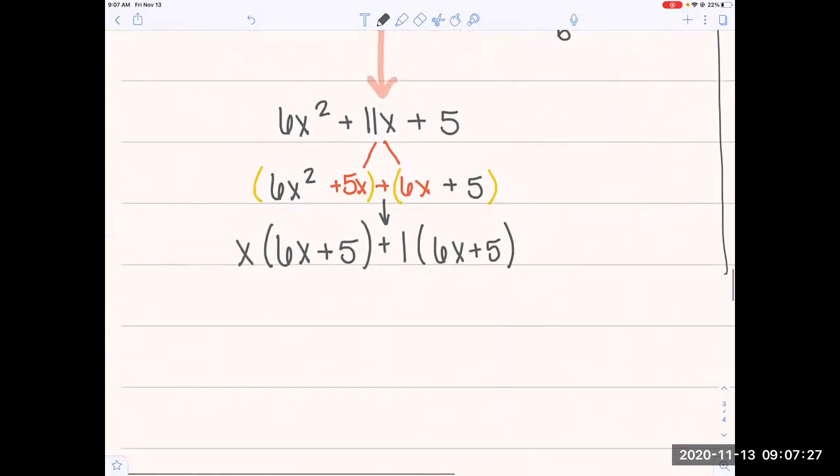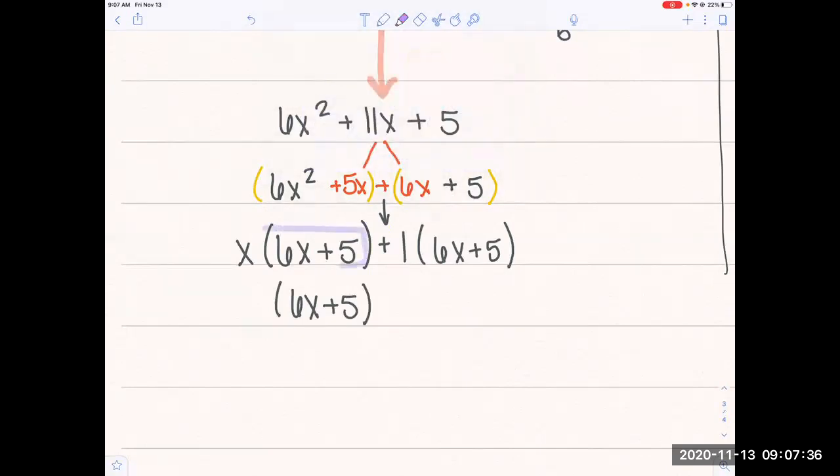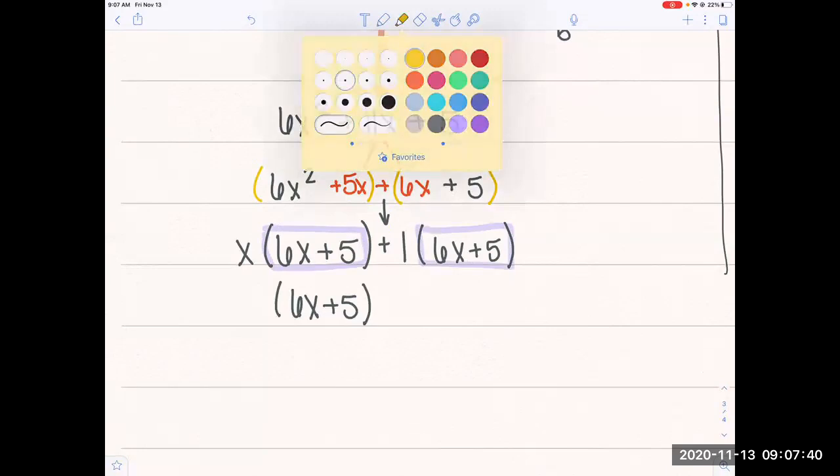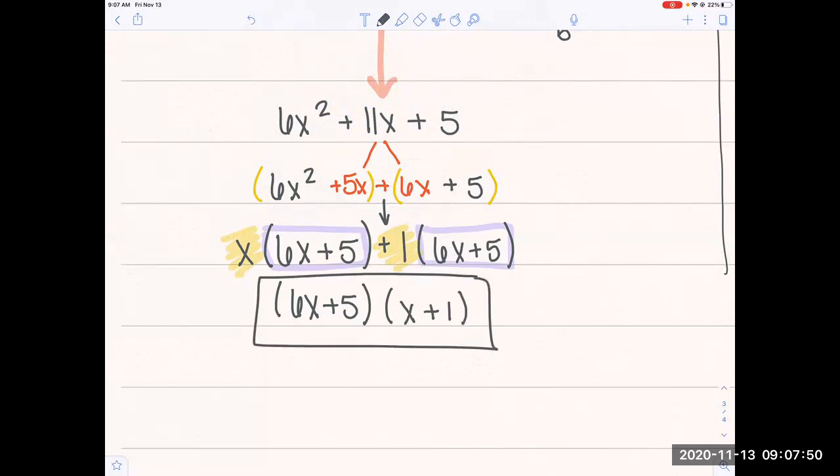Write down what's being repeated: 6x plus 5. And then write down what's left over: x plus 1. And so that is my final answer.